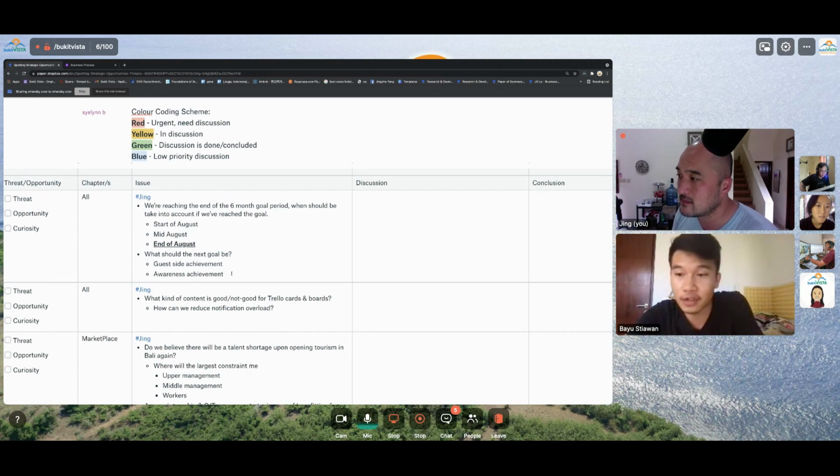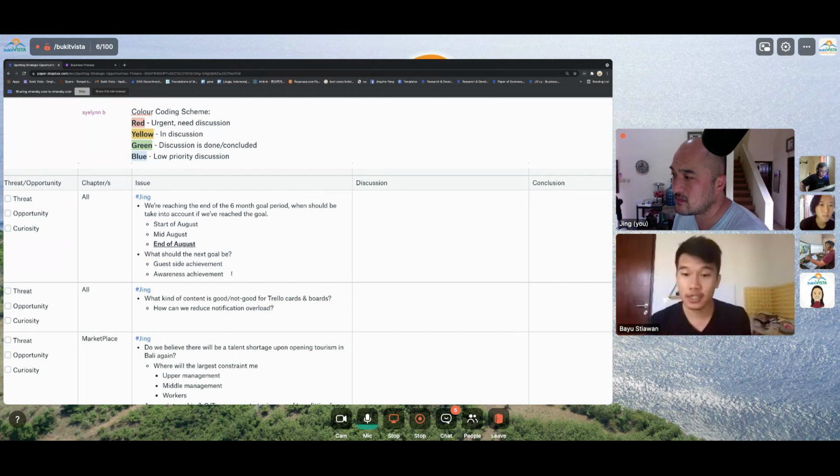Is it efficient enough? Like, let's say, can we convert 10 leads into 50% converted, or 100 inquiries to at least 70% converted, or employee, same thing like that, right? Is this number good enough for us?